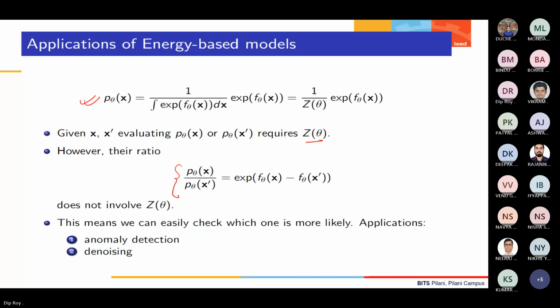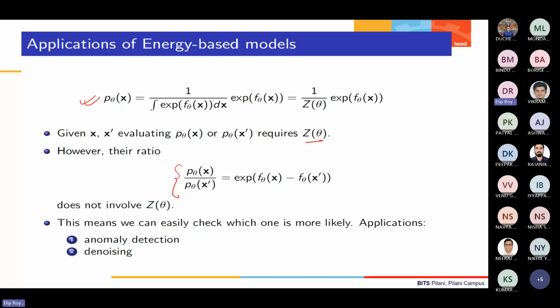All right. So this means that there are a lot of use cases we can solve using this technique, because we can compare two samples. We may not be able to calculate the probability of that particular sample, but we can always compare whether one sample is better or worse than the other.